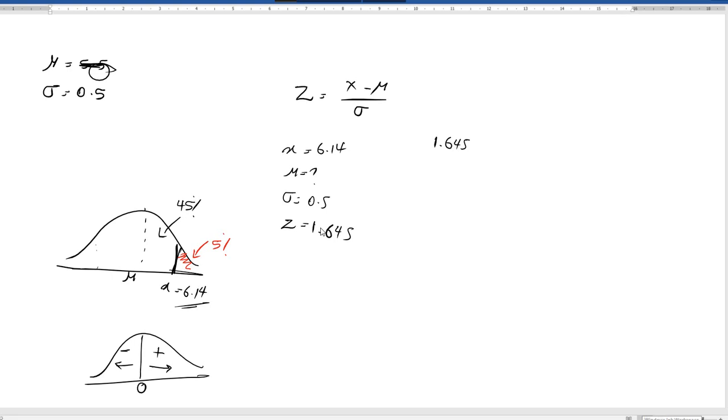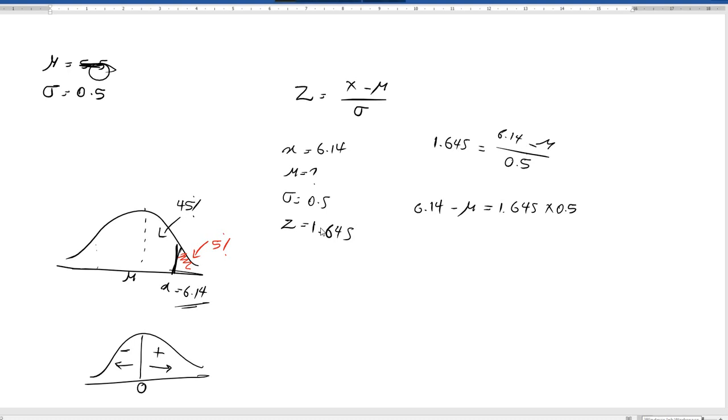So z is positive, I put the positive value here, equal to x, which is 6.14, minus mu, I'm looking for mu, over sigma, which is 0.5. Now I can solve this equation. 6.14 minus mu equal to 1.645 times 0.5.